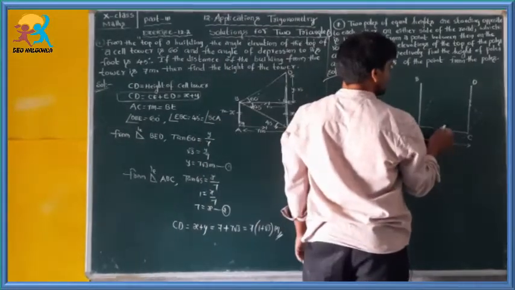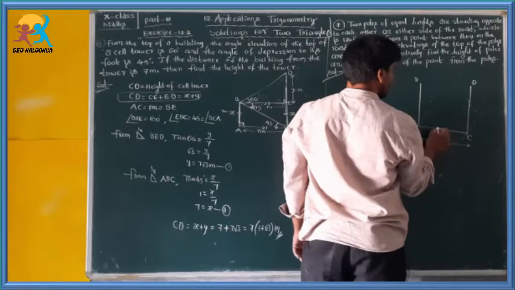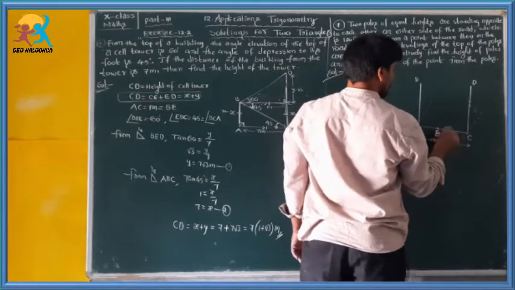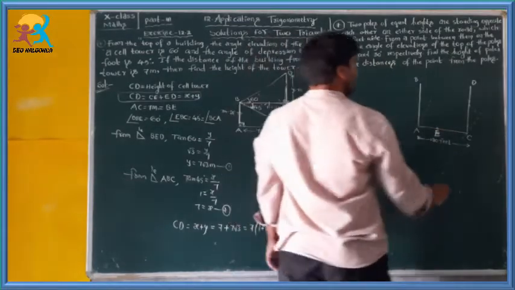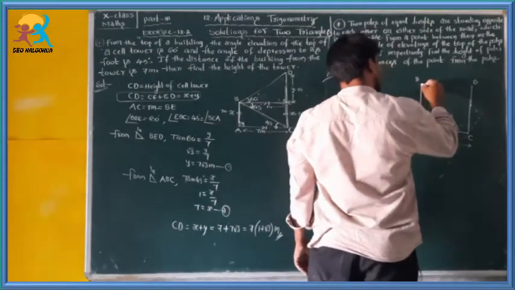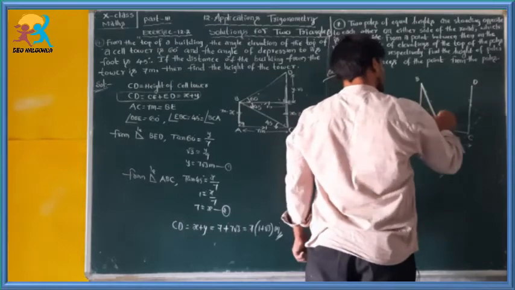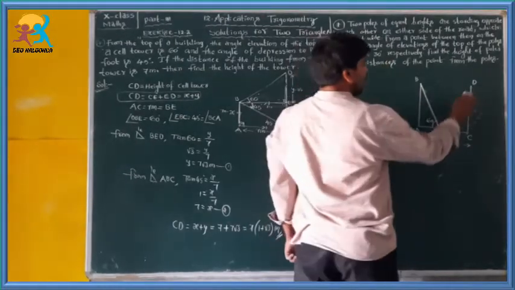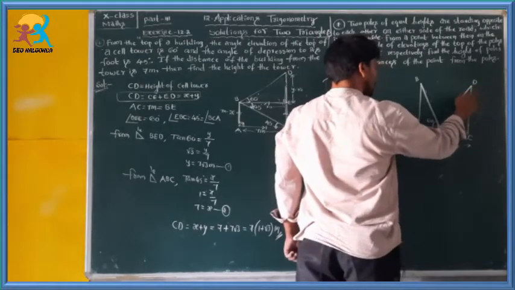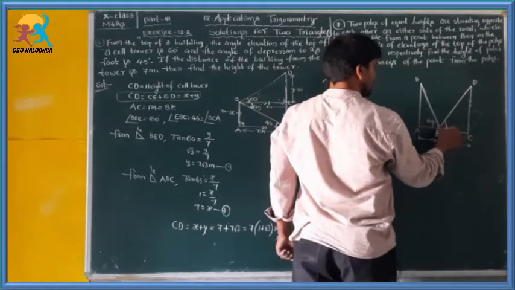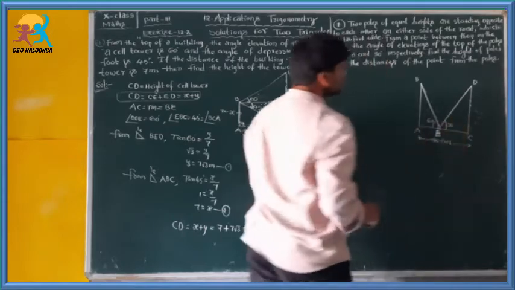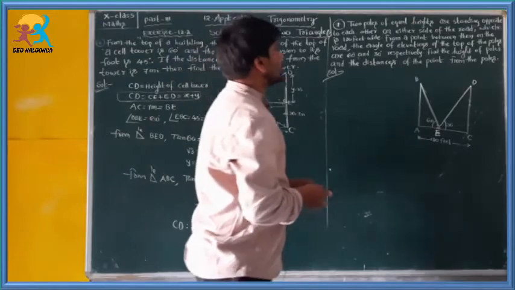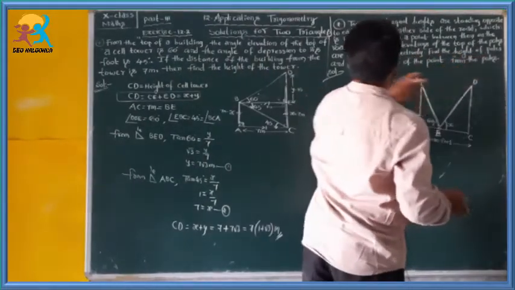Suppose from this point E, the angle of elevation of the top of the first pole is 60 degrees, and the angle of elevation from the point E to the top of the second pole is 30 degrees. This is the figure. Find the height of the poles.